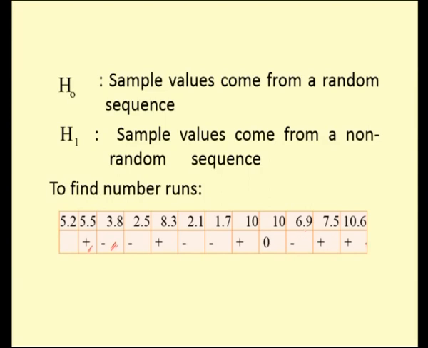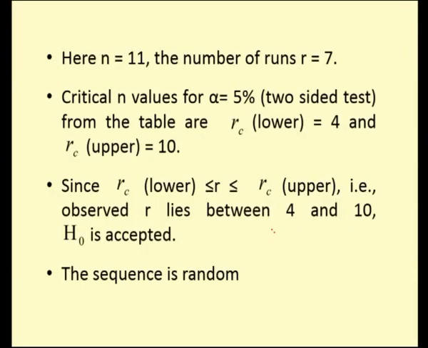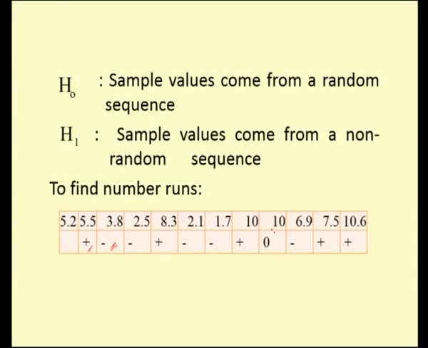Repeat the procedure. The total number of observations is 1, 2, 3, 4, 5, 6, 7, 8, 9, 10, 11 and 12. Now this has been reduced to 11 observations because one of the observations is 0. Now we have to find how many runs we have got.